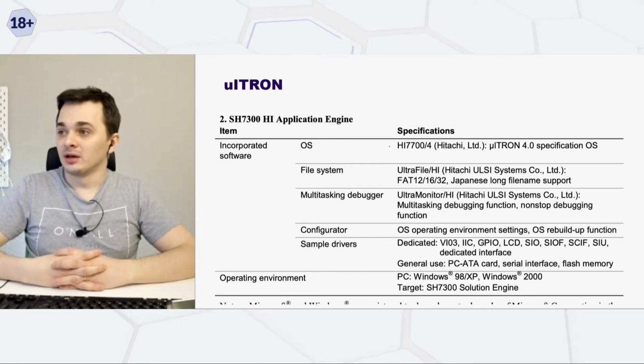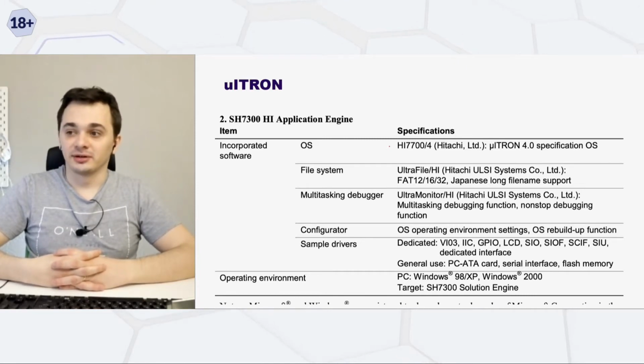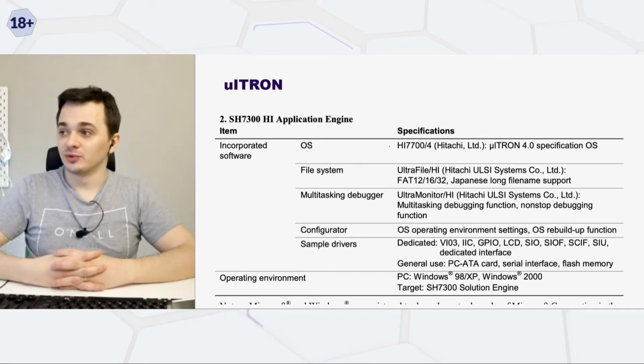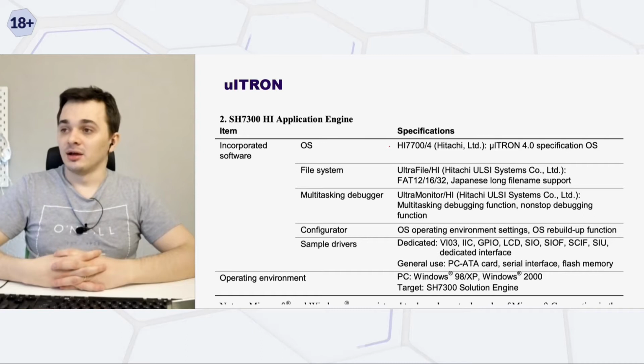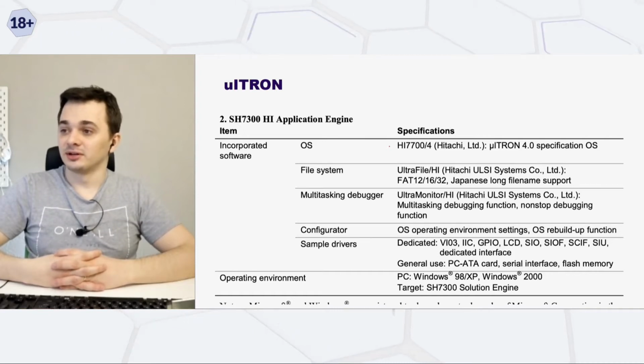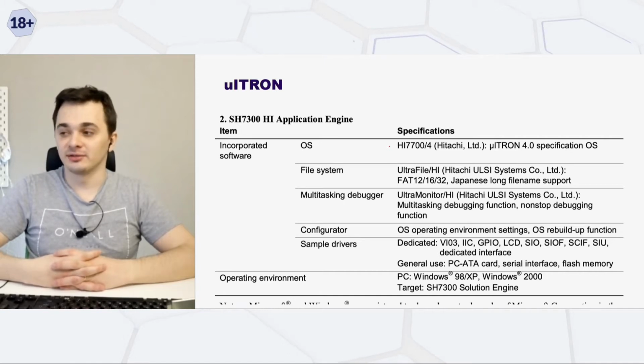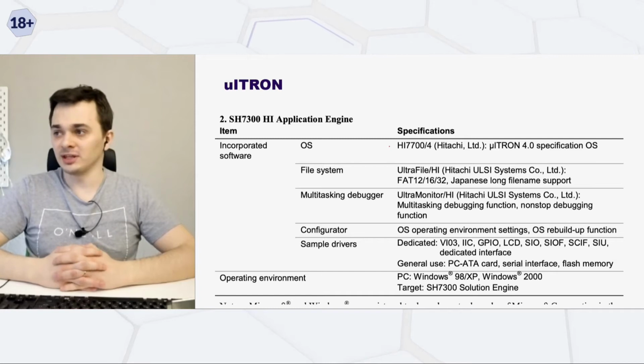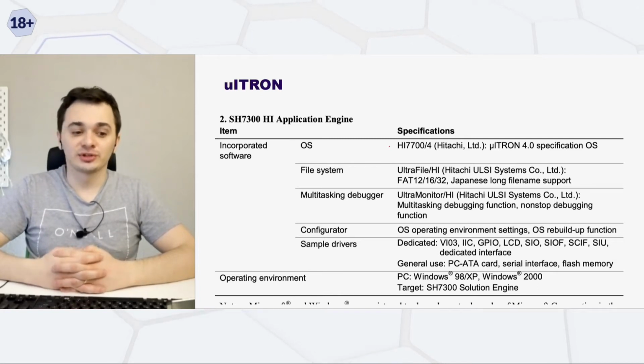It is based on the μITRON specification. The same documentation will show that it supports a file system and multitasking debuggers, a configurator, and there are some sample drivers and SDKs that come as part of the bundle.